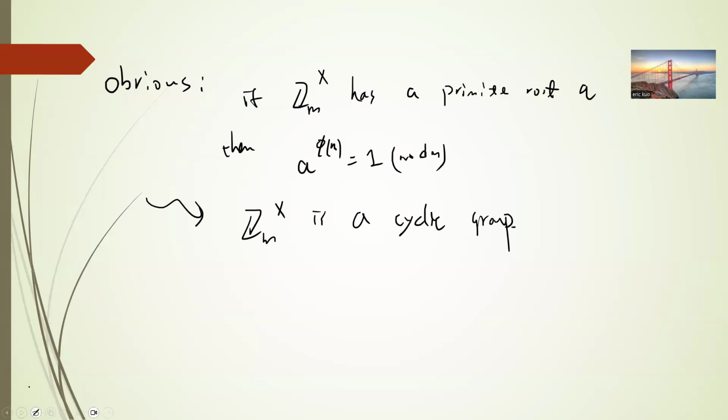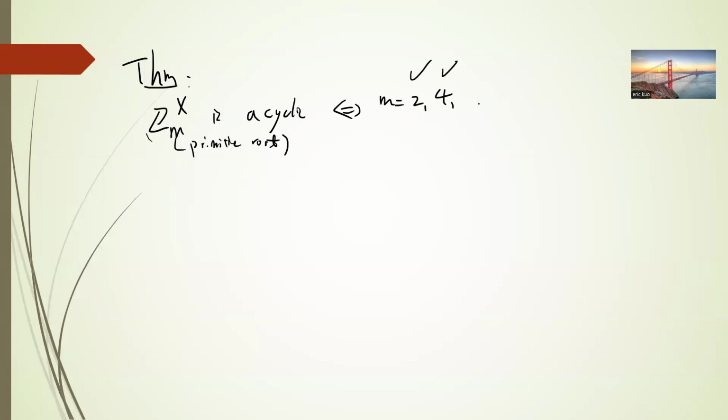The theorem, which is very difficult and requires some time to prove, is the primitive root theorem. It says that this group is cyclic, or you can say that primitive roots exist, if and only if m is 2 or 4, which is trivial as we just showed, or otherwise m is p to the k where p is odd, or 2p to the k where p is odd.